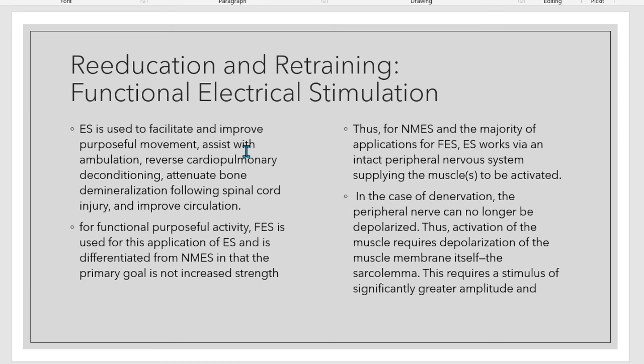In fact, another classification for it is galvanic, but the problem with the word galvanic is that in other countries galvanic can also refer to alternating current. So the safer term to use is pulsed interrupted direct current rather than the word galvanic.